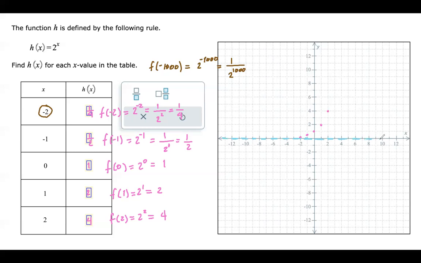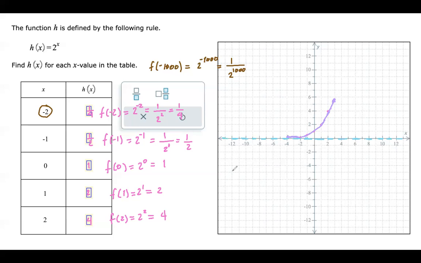If we don't have any transformations, vertical shifting, horizontal shifting, reflections, any of those things, the graph will have a horizontal asymptote at 0. And the graph will look something like this. We have to connect the dots, and it'll be an exponential growth. So this will keep going up. We could find a few more points, and this will keep approaching the horizontal asymptote without ever reaching it.